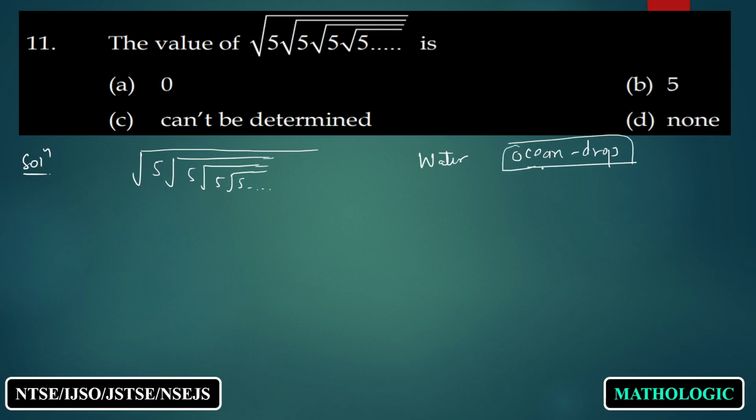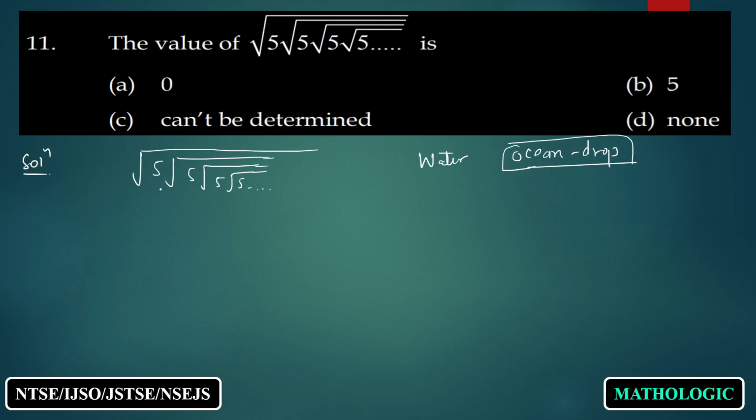And what does it mean? It means if we have an ocean full of water, if I take one drop from it, we cannot affect the quantity of that ocean by just taking a drop out from it, right?